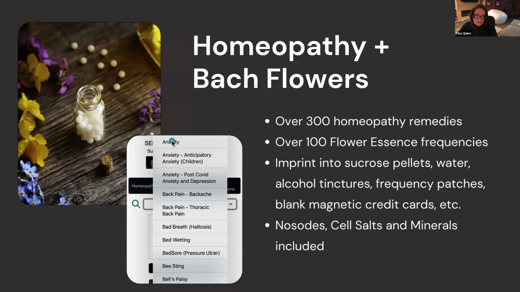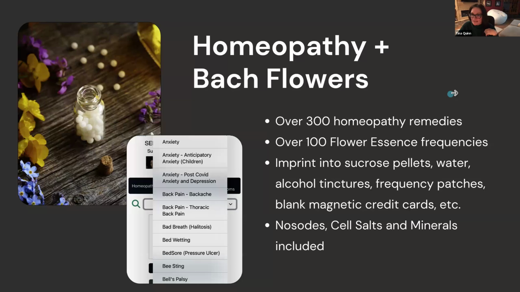You can search, and then you can choose A to Z, you can look through the list, and if I pick anxiety, I will see which homeopathic remedies will come up for that. So you can not only scan and see what you need, but if you know you want to send to a client, you can look for homeopathic remedies through symptoms.